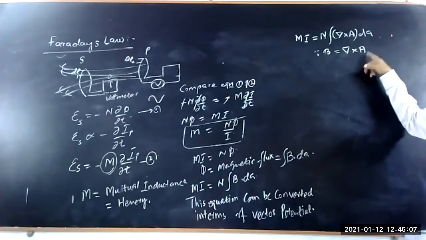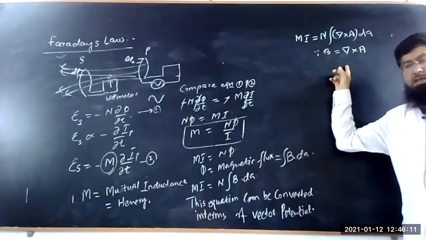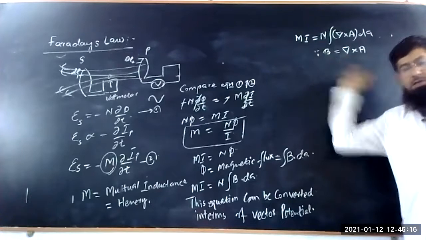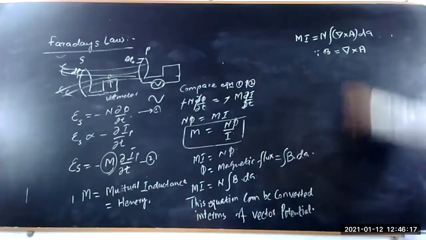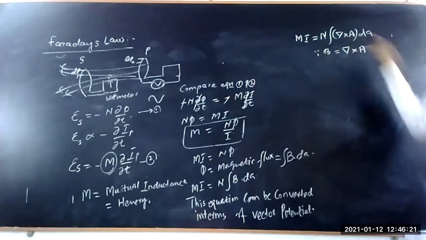This is what we have discussed in chapter number 5 as well as in chapter number 6. That means the magnetic field is equal to the curl of the vector potential. So I have just converted this B into the curl of A.